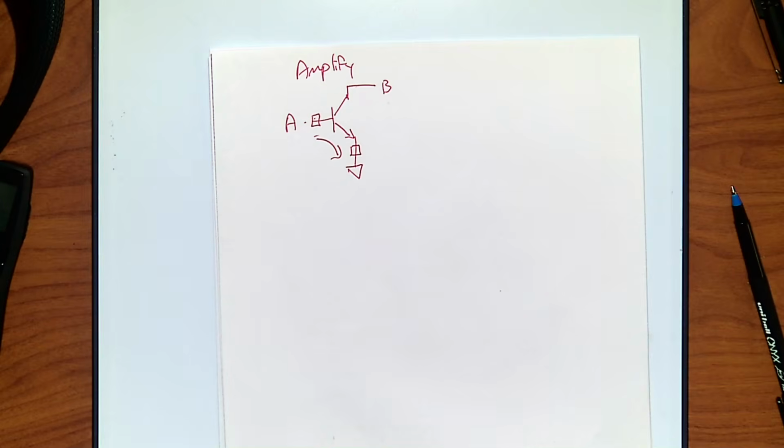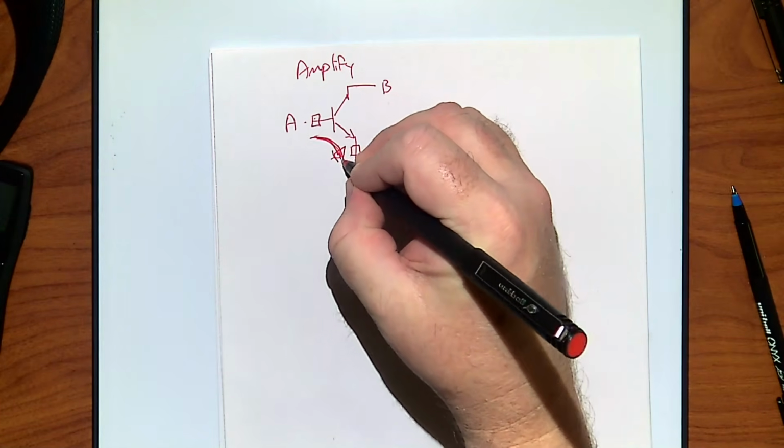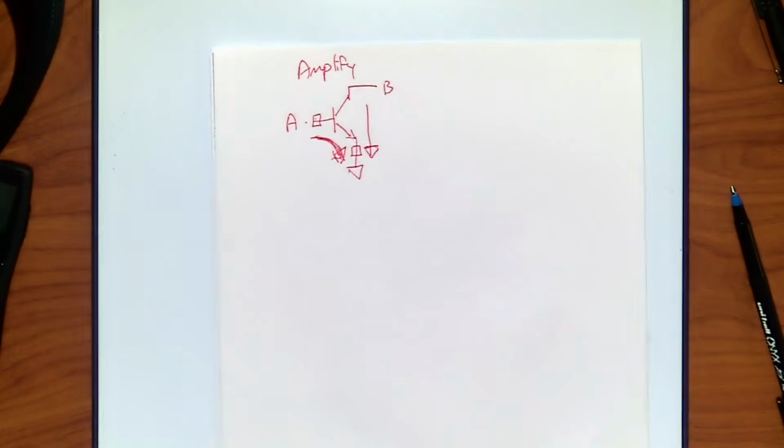Which would I prefer? Remember, if this flows here, that means this opens up. You don't want both of these paths affected.